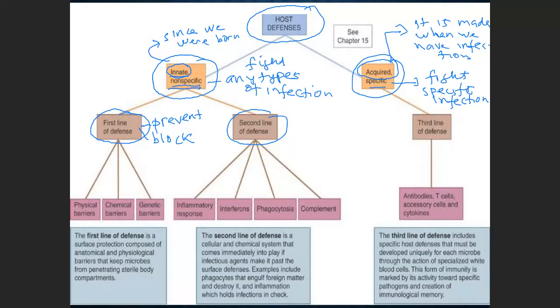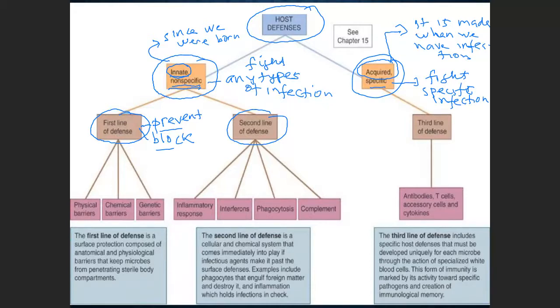The second line of defense happens when the first line of defense mechanism fails, and then the disease, infection, or pathogen will enter into our body.